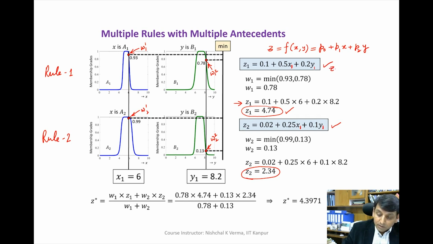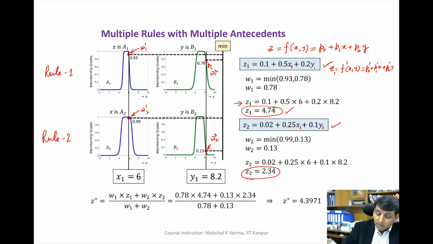So please understand here that Z1 is like this. Z1 is f1 of x, y, and this is of this form: p01 plus p11 x plus p21 y.